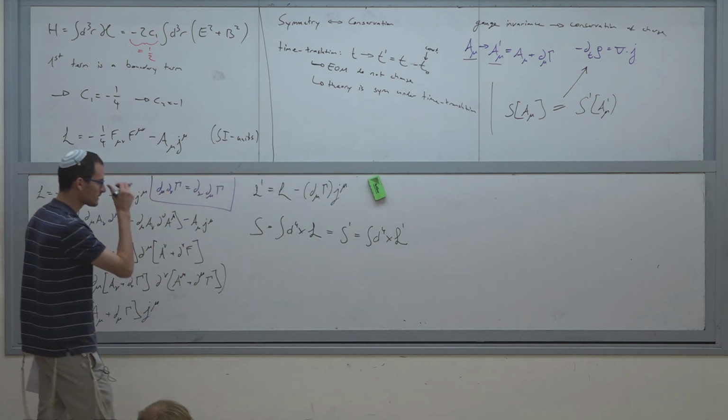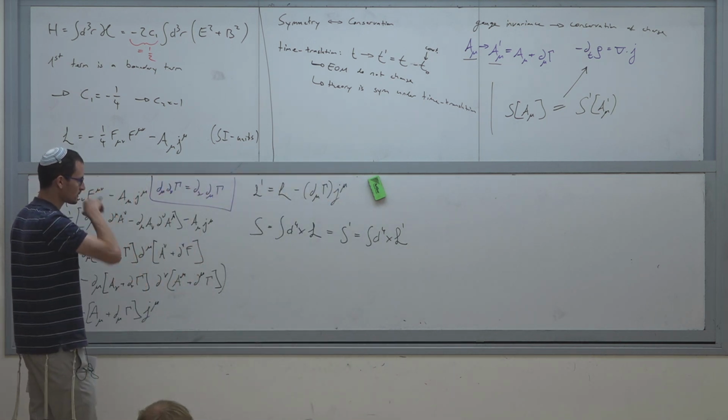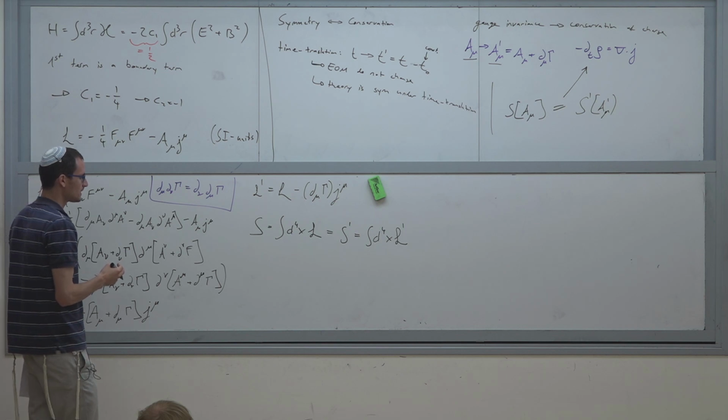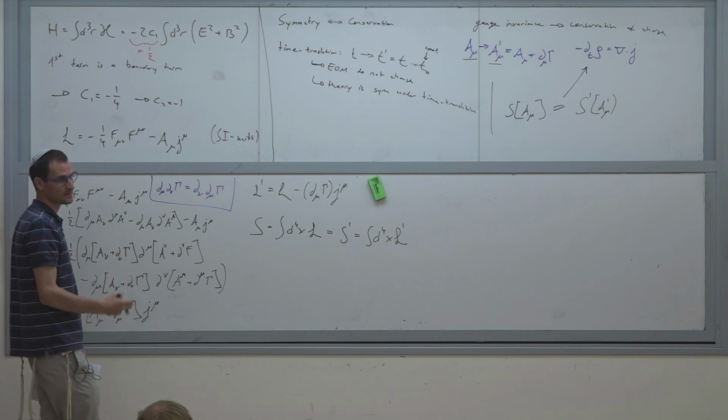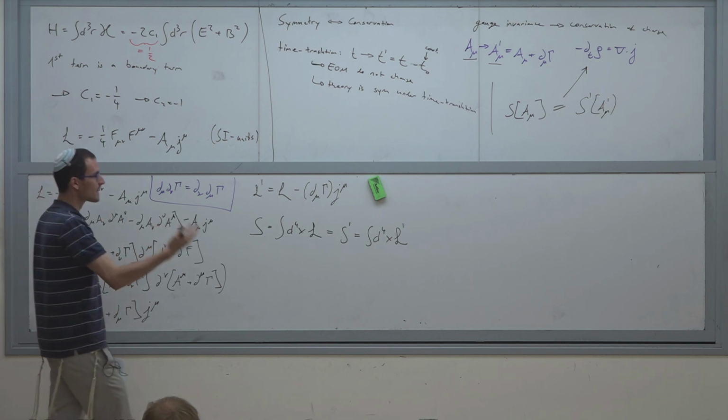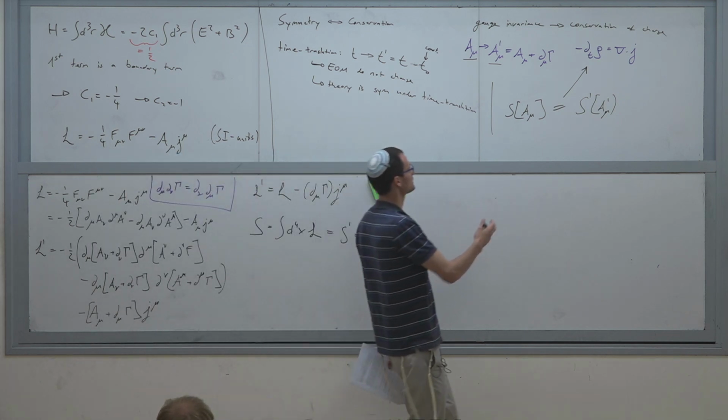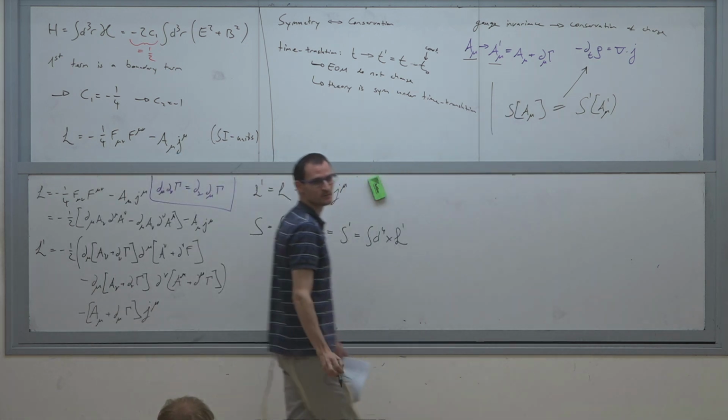This is what I'm requiring. Because if the action is unchanged, that means that the equations of motions are unchanged, and that means that electromagnetism is invariant under this transformation.